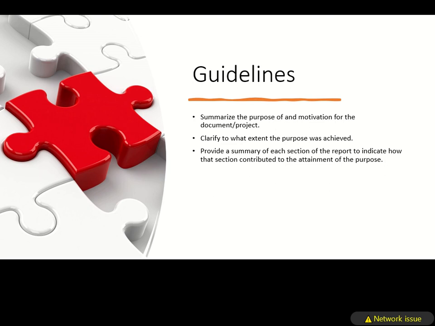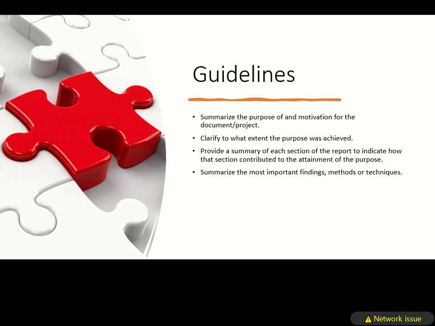So the procedure, the results of the experiment, and so on. The simple introductory things will not be summarized here. They will not be repeated. We are assuming that the reader has already gone through the report, or if he wants more details, he will go through the report. No need to put them here. Otherwise, your conclusions will be as long as the report itself. Two reports in one.